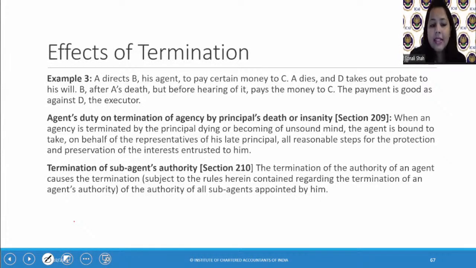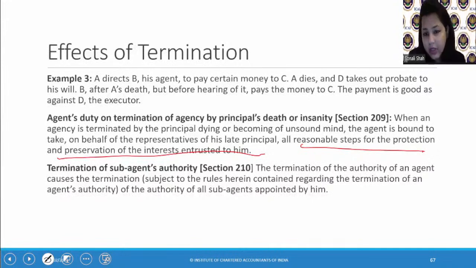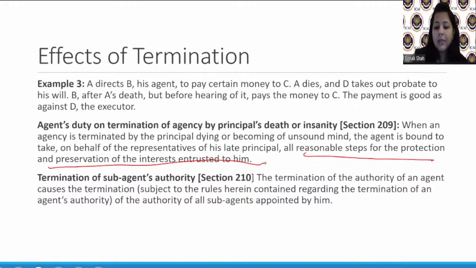Section 209 says, when an agency is terminated by the principal dying or becoming of unsound mind, the agent is bound to take on behalf of the representative of his late principal all reasonable steps for the protection and preservation of the interest entrusted to him. So he will have to act reasonably to ensure that no unreasonable losses are caused to the principal.